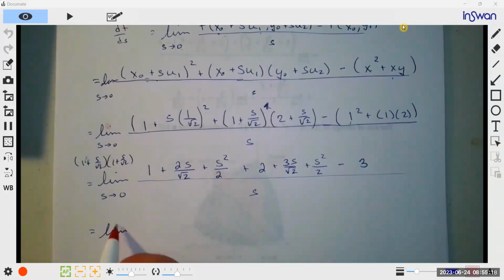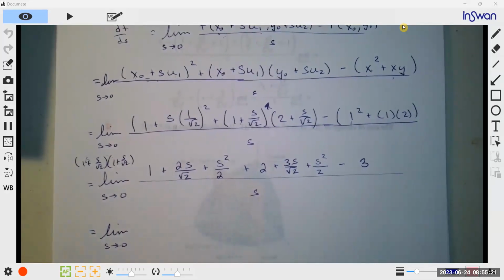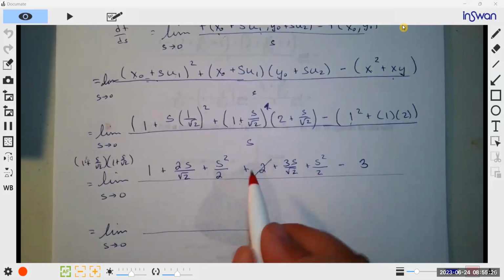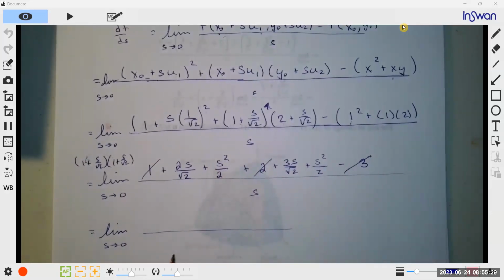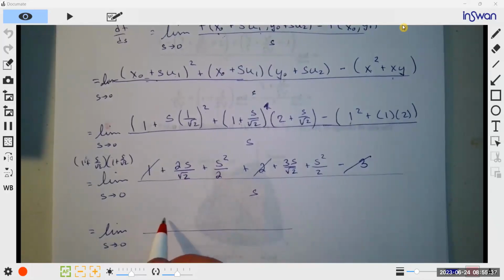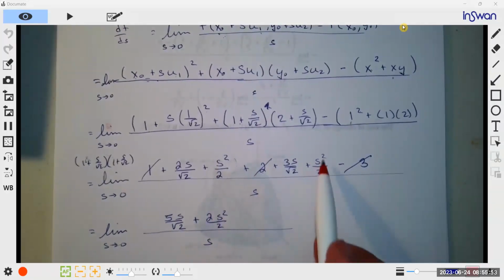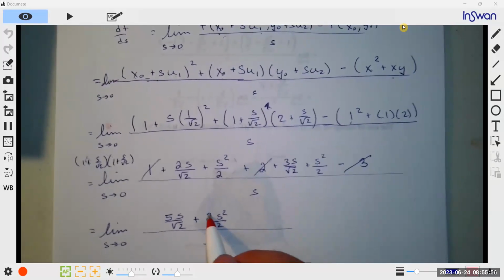The limit as s approaches 0. So 1 plus 2 is 3. That cancels with that. We have 2s over radical 2 plus 3s over radical 2, 5s over radical 2, plus 2s squared over 2, over s. S squared over 2 plus s squared over 2 is 2s squared over 2.